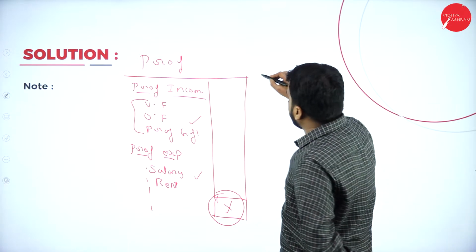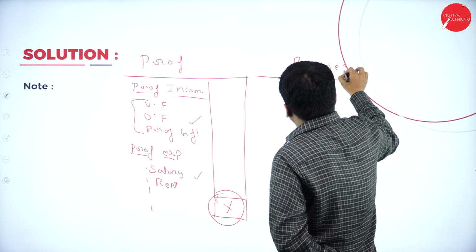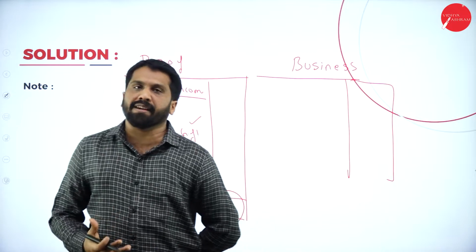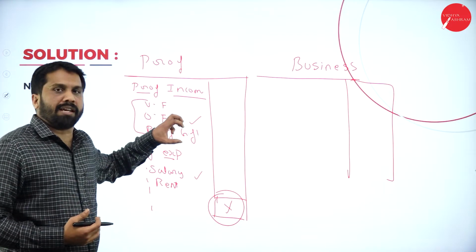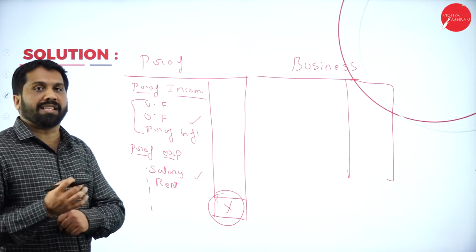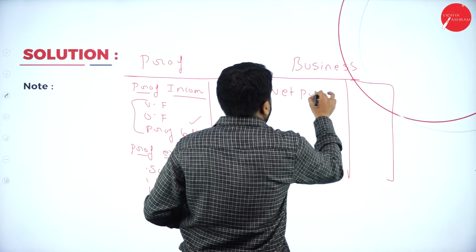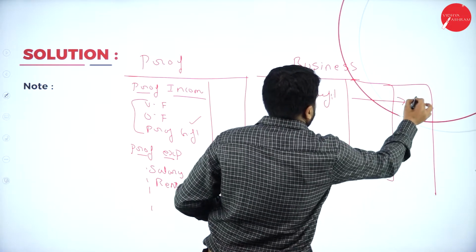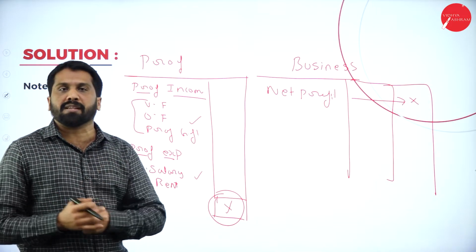Now, in case of business, it is completely different. Why is it different? We don't do the calculation like this. First, we go with net profit. Whatever the net profit is, they have already done the profit and loss account.